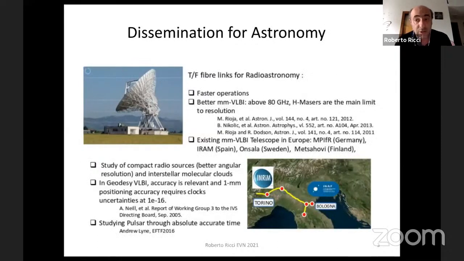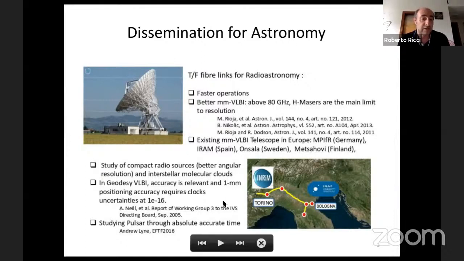So why is the dissemination of frequency from atomic clocks important? Millimeter VLBI above 80 gigahertz can benefit from atomic clocks that are better than H masers, and also the possibility of studying compact radio sources and interstellar molecular clouds at a better resolution.